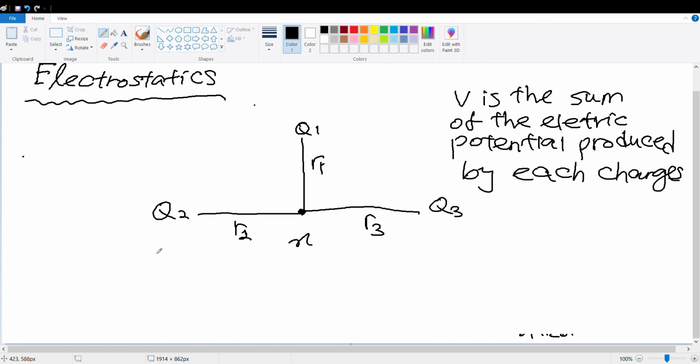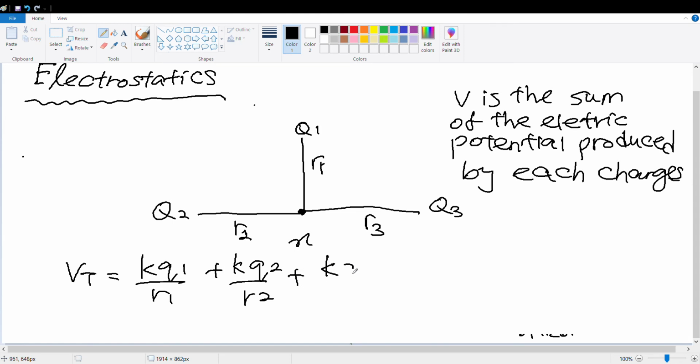So I can conclude that my V total is KQ1 over R1 plus KQ2 over R2 plus KQ3 over R3.